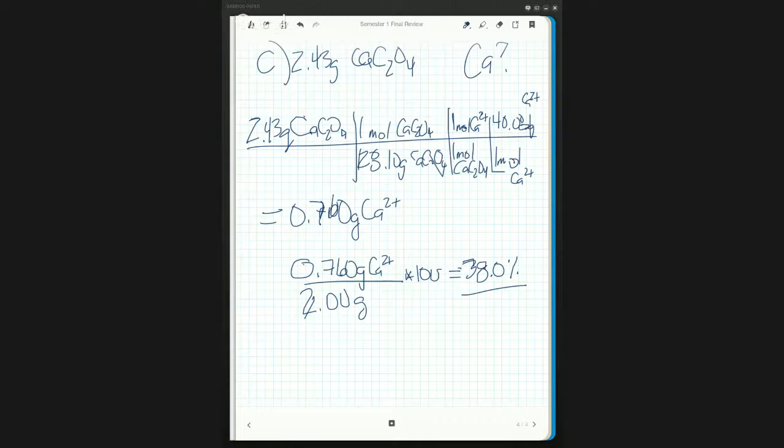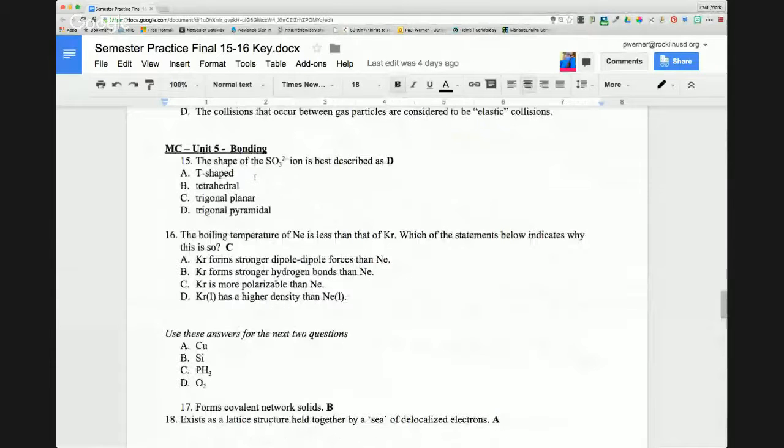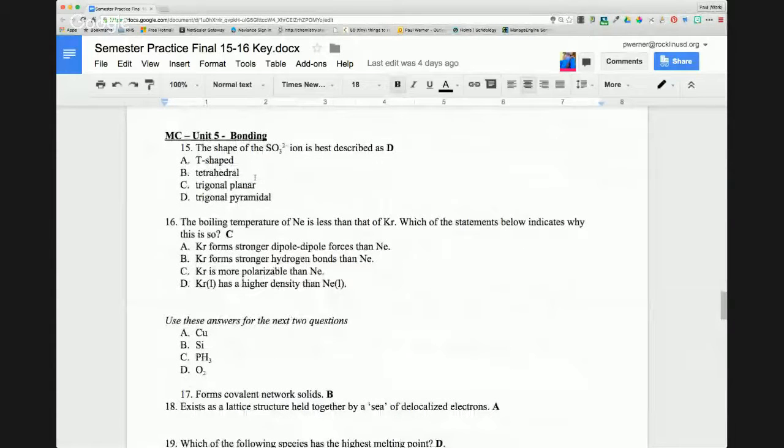Okay. Now, Diana, you have another one. Number 15 on the multiple choice. So let's take a look at that. Oops, I need to share the test. Okay. 15 on the multiple choice was, oh, the shape of the SO3 2- ion is best described as, okay, this is a multiple choice test.